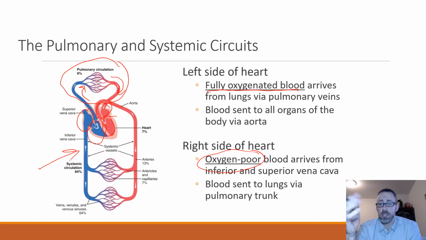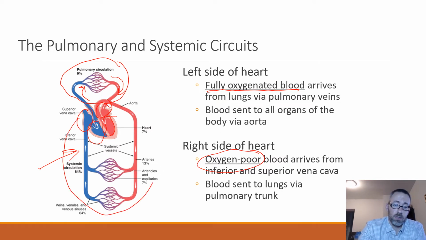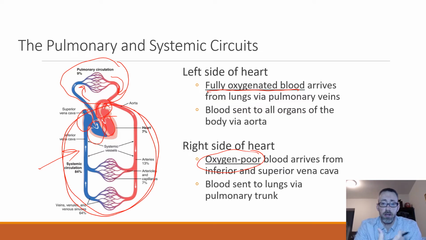Distribute, of course, the oxygen to the tissues via the capillaries. And then the venules will coalesce into the veins, into the superior vena cava, and return that oxygen poor blood back to the heart to pick up more oxygen. So everything down here, which you just talked about, all of this is part of the systemic circulation.